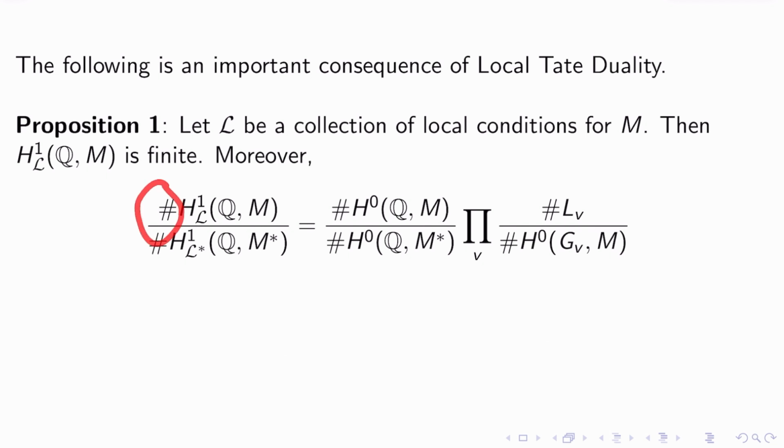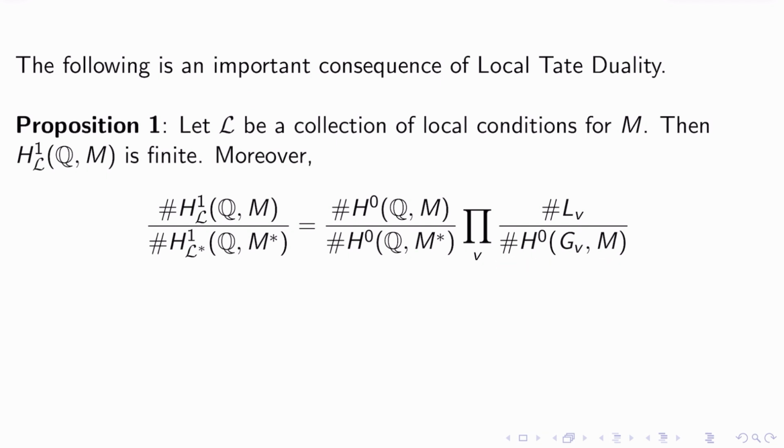The cardinality of H^1_L(Q, M) divided by the cardinality of H^1_L*(Q, M*), see Chapter 4 or the previous chapter for the definition of L*, is equal to the cardinality of H^0(Q, M) divided by the cardinality of H^0(Q, M*) times this cool product. It's the product over places v of the cardinality of L_v, which is the local condition at v associated to this family here, divided by the cardinality of H^0(G_v, M).